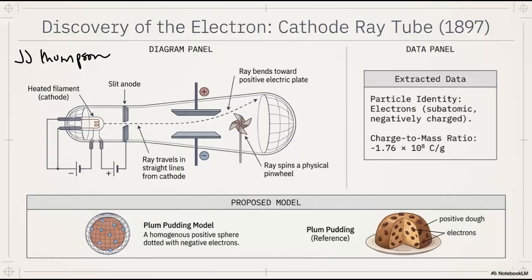When you look at your outline on Canvas, you'll see there's a few slides that have those pictures and explain that a little bit better. That's just there for your knowledge. I am not going to ask you about those descriptions. So for JJ, the electron using the cathode ray tube, and the model was a plum pudding model, just to be more accurate.